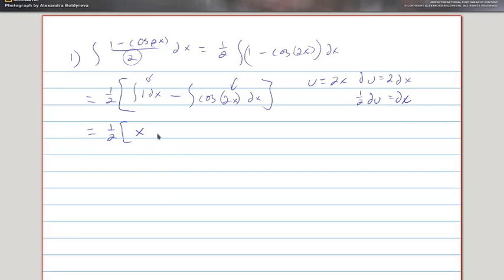Integral of dx is just x minus, and now we have 1/2 integral cosine of u du. The integral of cosine is just sine. So we have 1/2 x minus 1/2 sine of u. And now plug the substitution back in so that we have all x's.